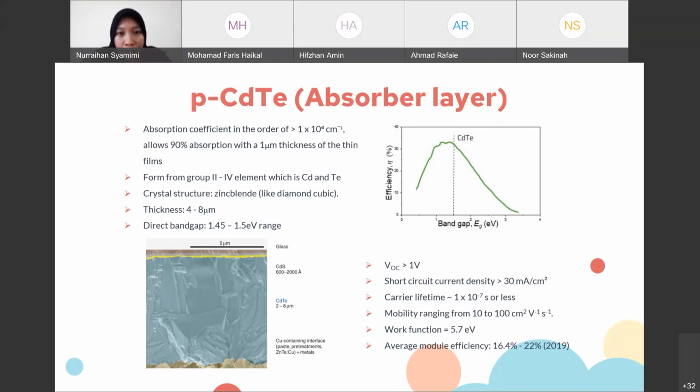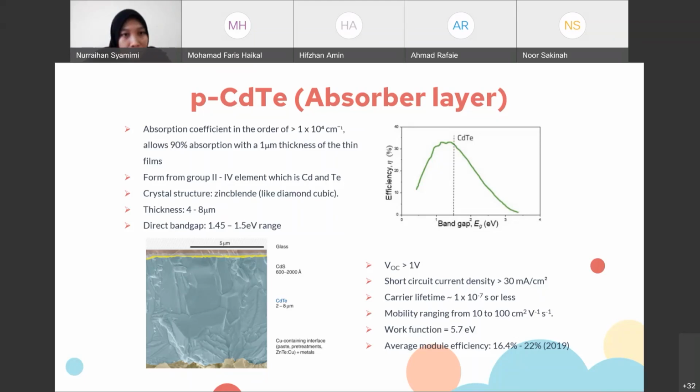Carrier lifetime for cadmium telluride is small, of the order of 1 times 10^-7 seconds or less, with mobility ranging from 10 to 100 centimeters square per volt second. Cadmium telluride also has a high work function of 5.7 electron volt, which will affect the semiconductor metal junction.